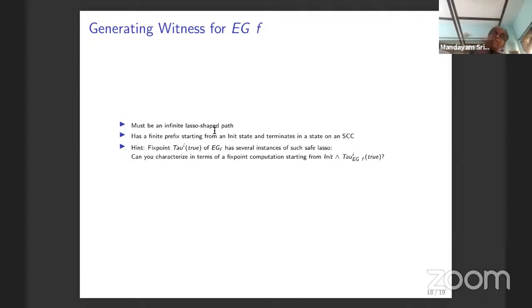Of course, since it's lasso shape that you're looking for, and there are only finitely many states, so I'm giving you a hint, okay?